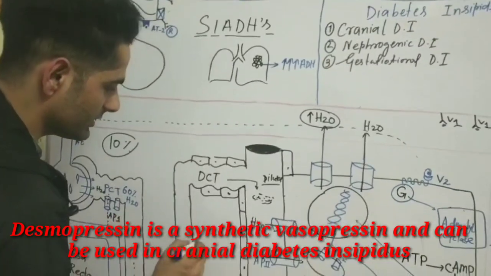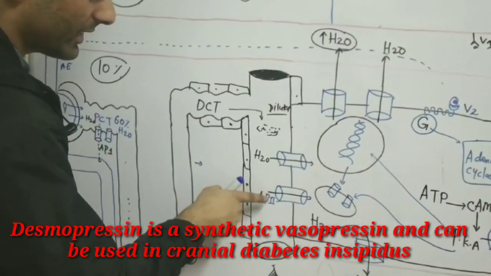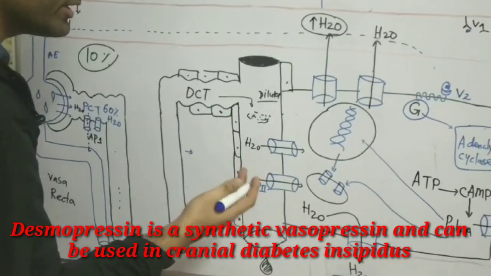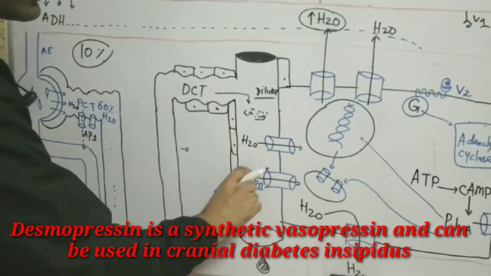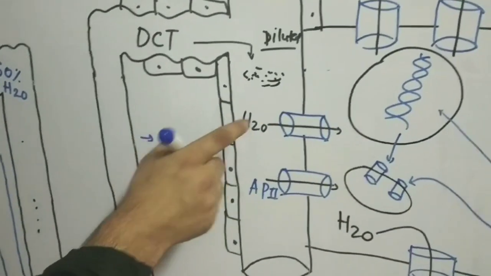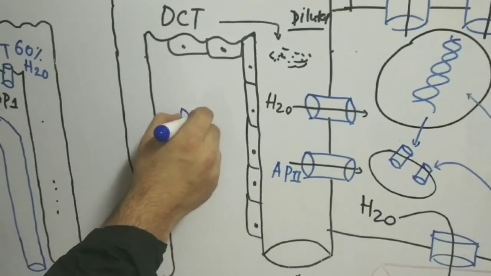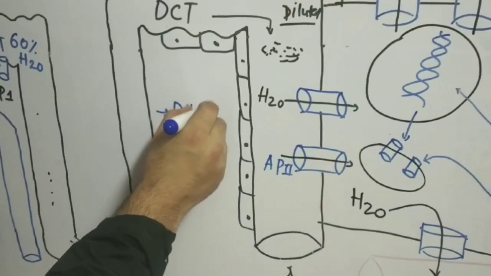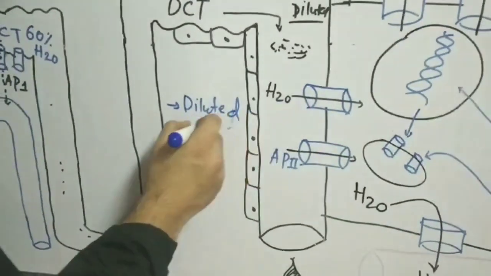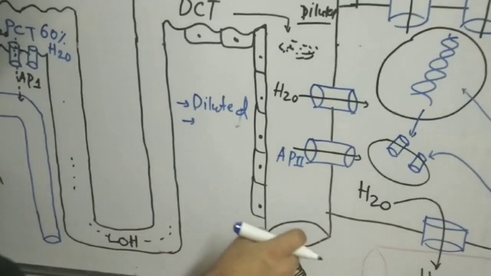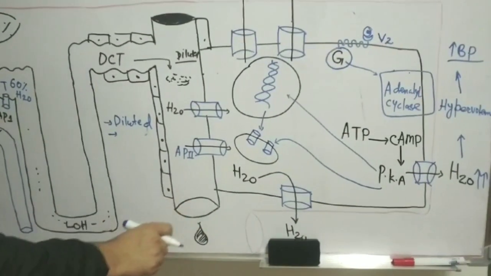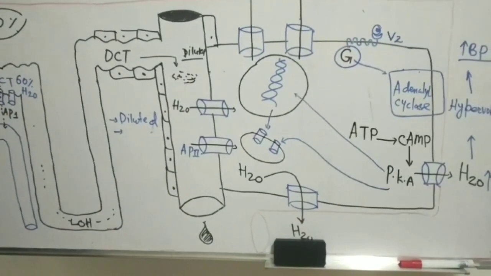Now, the first thing you should know is that the urine which was diluted will remain diluted because the water is not reabsorbed back. The urine remains very dilute, and a heavy amount of urine will be excreted out.